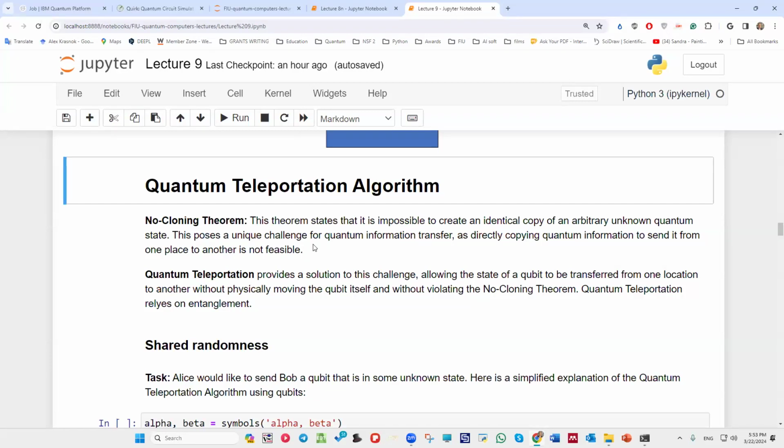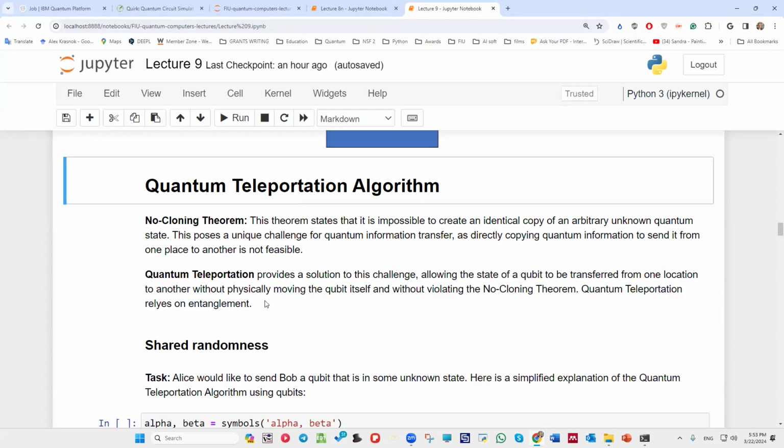That's why you cannot save it or clone it. At the same time, we often need to transfer the quantum state from one qubit to another qubit. So how can we transfer perfectly the quantum state of a qubit from one to another? This is why we need quantum teleportation.